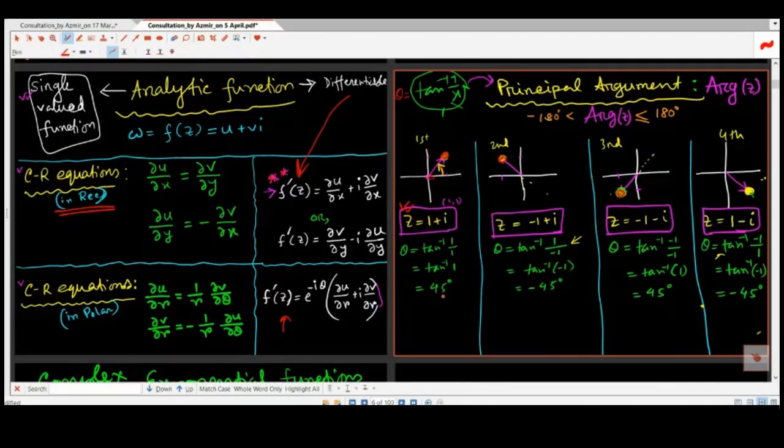So we have found 45 degrees. That is okay, but we have to check whether it is the principal argument or not. 45 degrees is between minus 180 degrees and 180 degrees, or equal to 180 degrees. So 45 degrees is the principal argument.